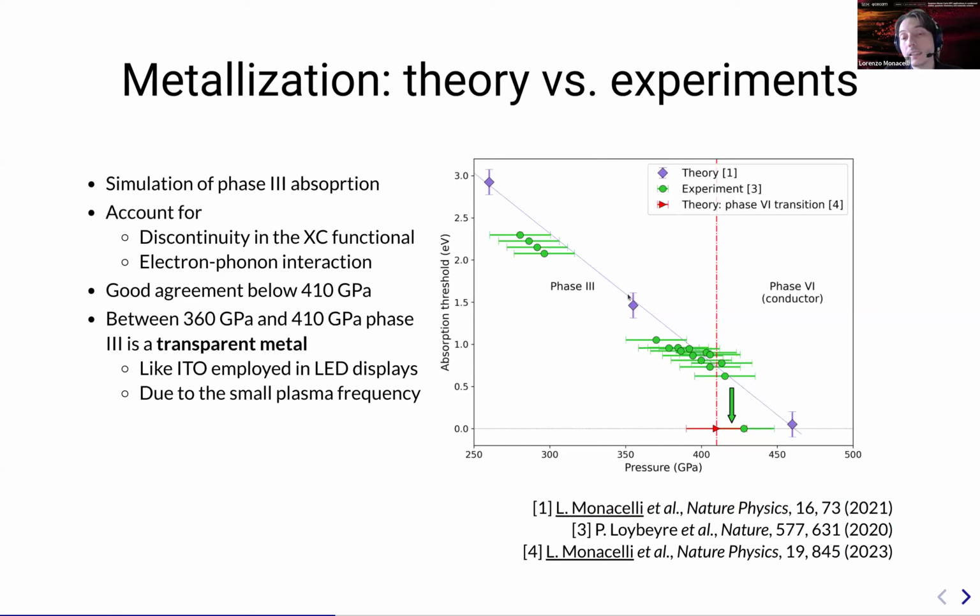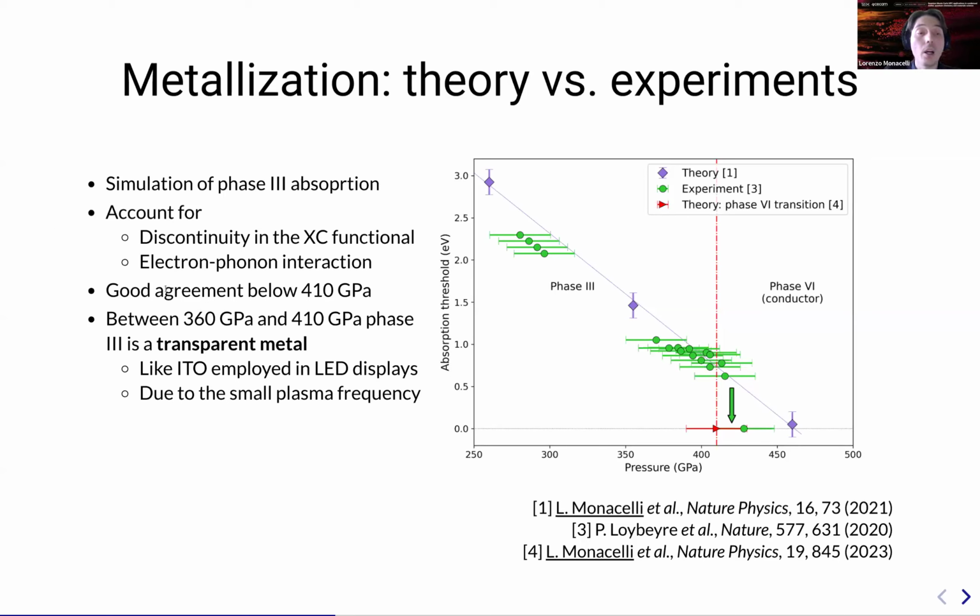We observe a very good agreement with the experiment up to a certain point, where we have a sudden transition in the experiment, but this transition matches very nicely with the transition point at which we predict phase 6 to become stable. So that's a way in which the transition observed by the group of Loubeyre is actually a real phase transition.